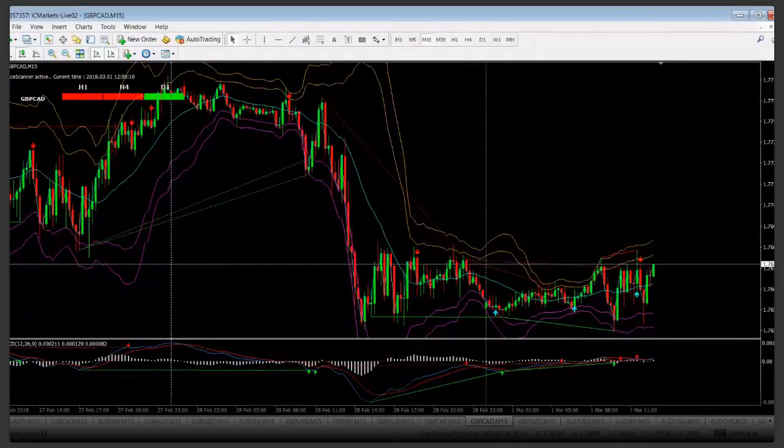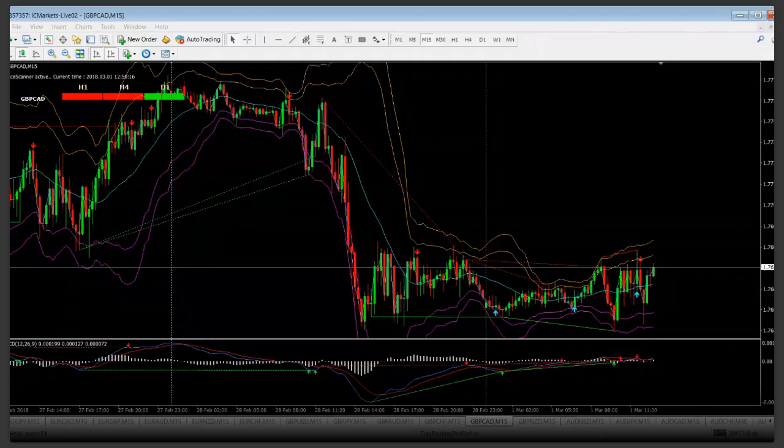Oh, so there's the British pound CAD trade starting to pop up. I would like a big spike out of this range here.